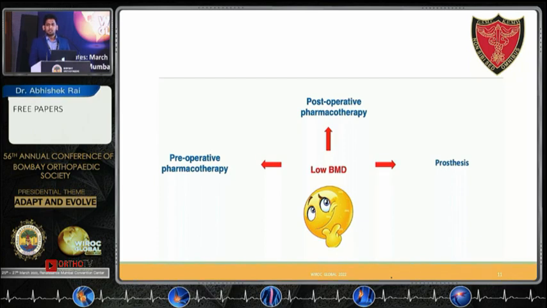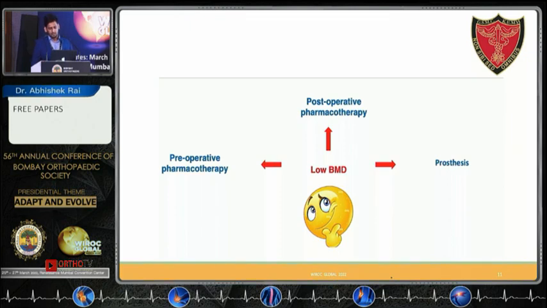There are also studies by Huang et al. and Venesmaa et al. showing that the postoperative administration of pharmacotherapy drugs like zoledronic acid, alendronate, and denosumab results in the restoration of the periprosthetic bone loss.